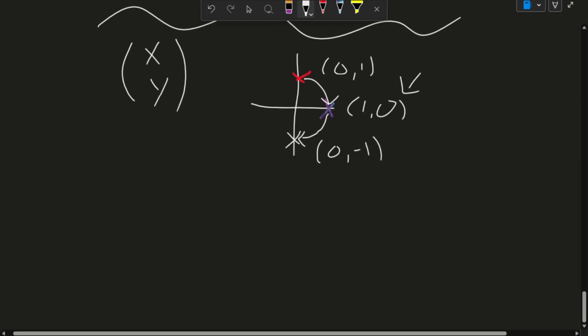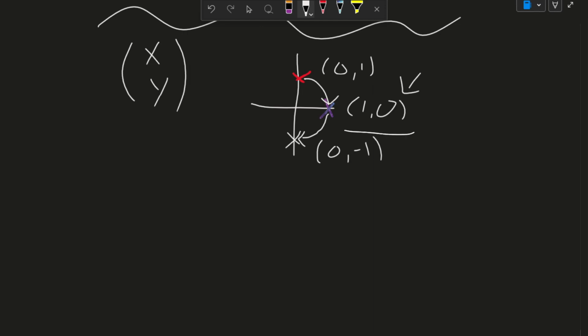And if you remember, I think homework 2 or maybe 4, just from knowing where these 2 standard basis vectors go, I now know my linear transformation. All I do is say, where is 1, 0 going? Well, it's going to 0, negative 1. Where's 0, 1 going? Well, it's going to 1, 0.